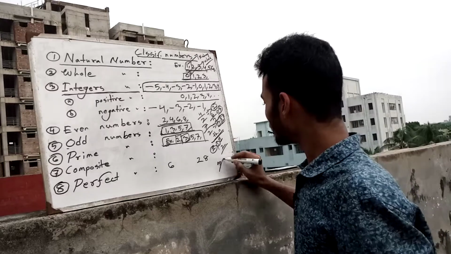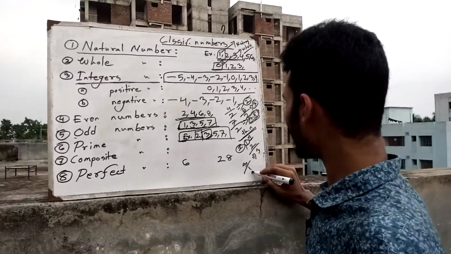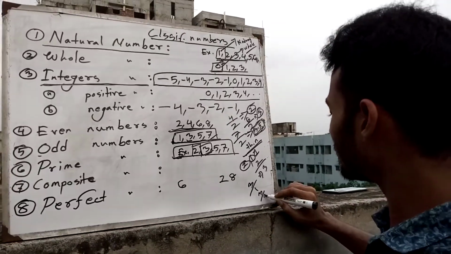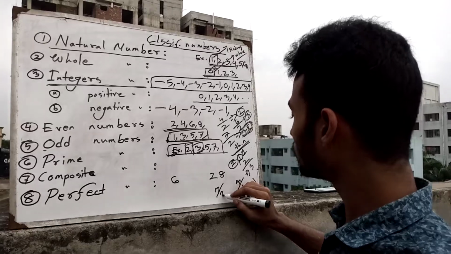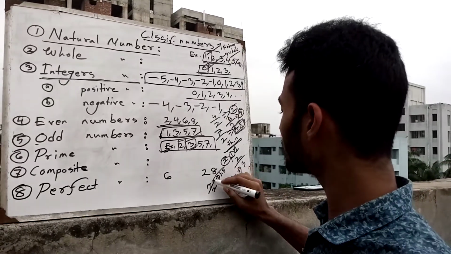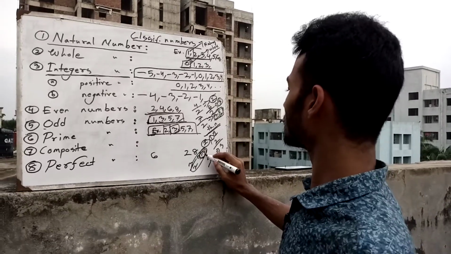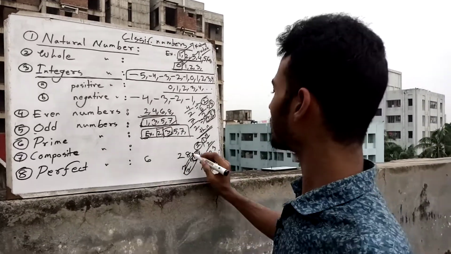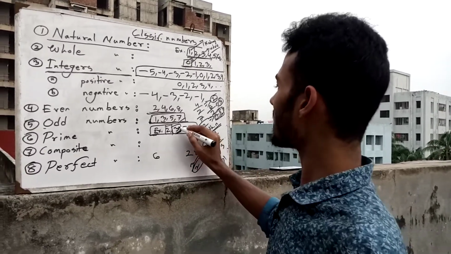If we divide 3 by 1, we find the answer 3. If we divide 3 by 3, we find the answer 1. If we divide 3 by 2, we find 1.5, which is not a whole number. It means 3 is our prime number.